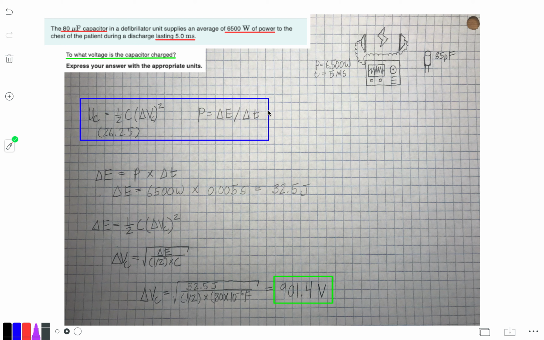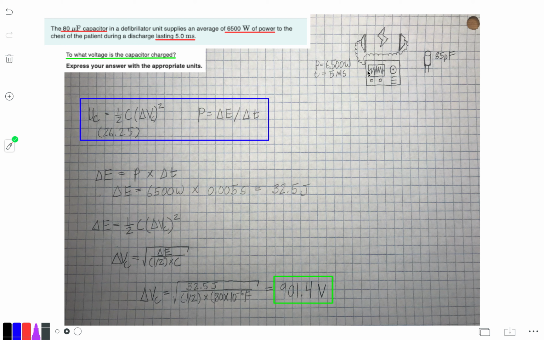So just starting the problem here, if we look at what we're given, the capacitance of the capacitor in farads in our defibrillator, and we're given our power, and we're given a time interval.